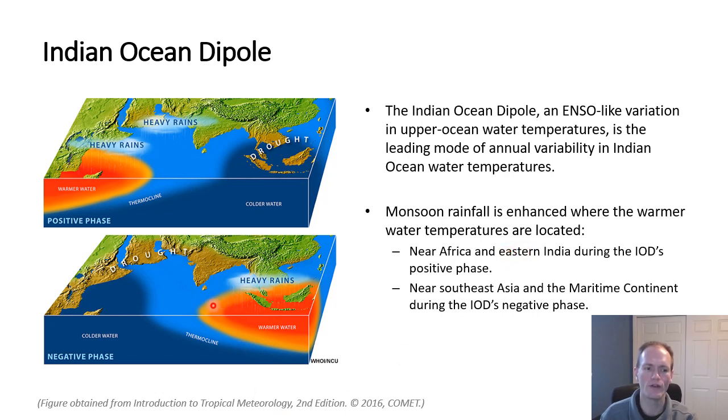And then when you have the negative phase, you have heavy rainfall enhanced over the maritime continent and across Southeast Asia in conjunction with that added warmth. So the variability in upper ocean temperatures with the Indian Ocean dipole causes variations in where you have extra warmth in association with the broader monsoon circulation and helps to concentrate thunderstorm activity in those regions.